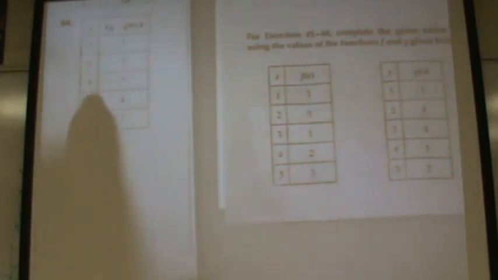And the last one, g of g. So we just want to concentrate on the g column. So if you plug 1 into g, you get a 5, and then 5 into g, you get a 2. So 2 into g, you get a 4. 4, you get a 3. 3, you get a 4, and then 4, you get a 3.